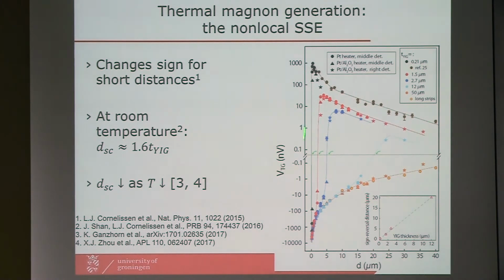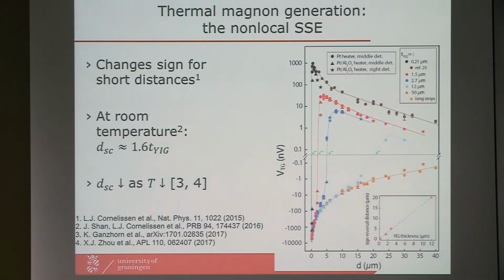So here you see the thermally generated non-local signal as a function of distance again. And you see that indeed, as you make this YIG thicker and thicker, you push the distance at which the signal changes its sign to further and further distances. In fact, it turns out to scale more or less linearly with the YIG thickness, as you can see here.